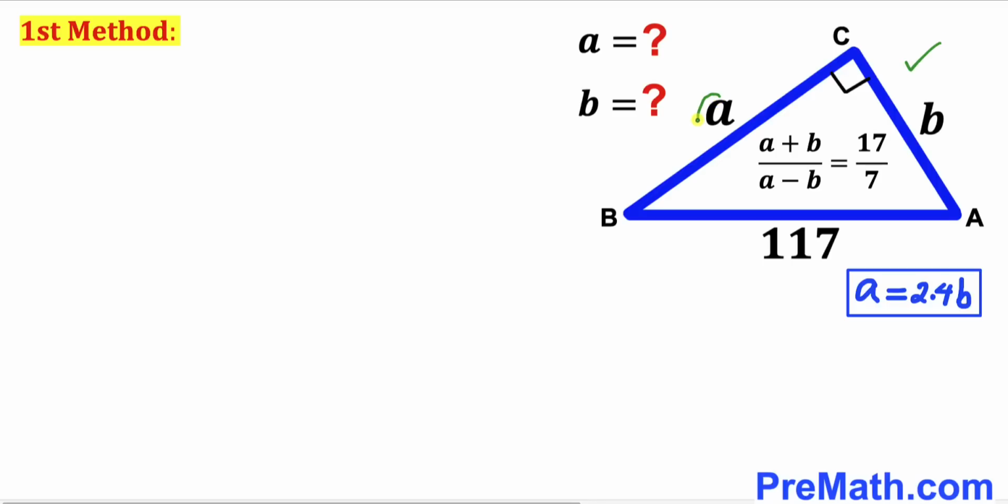This side length is a, this side length is b, and I'm going to label the hypotenuse as lowercase c. Let's recall the Pythagorean theorem: a squared plus b squared equals c squared. In our case, c is 117, and I am going to substitute a as 2.4 times b.